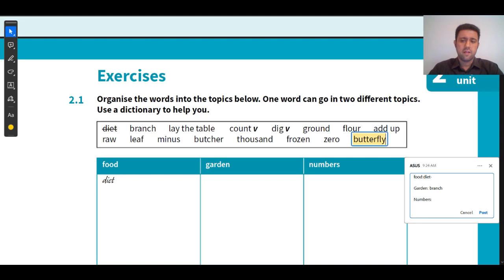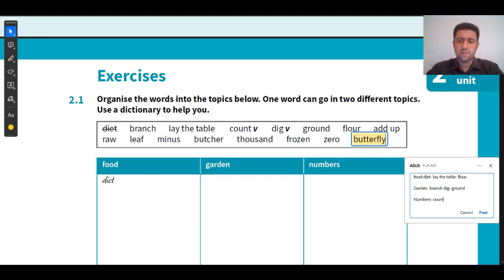Lay the table is related to food. Count is related to the category of numbers. Dig is related to garden. Ground again is related to garden. Flour is related to food.